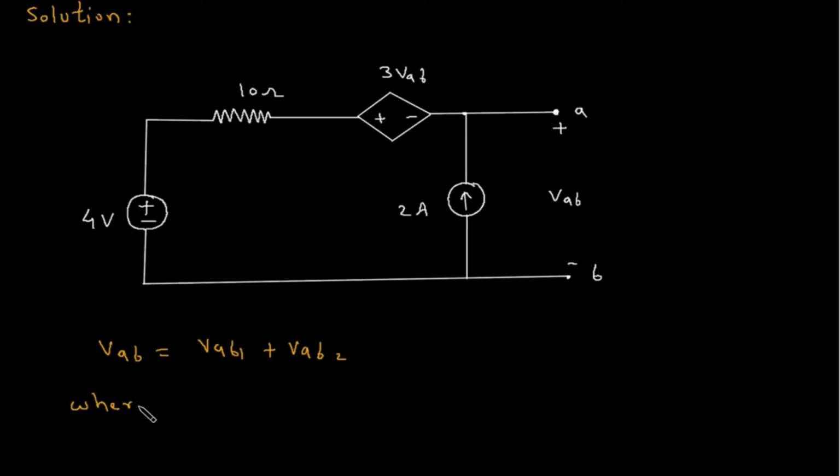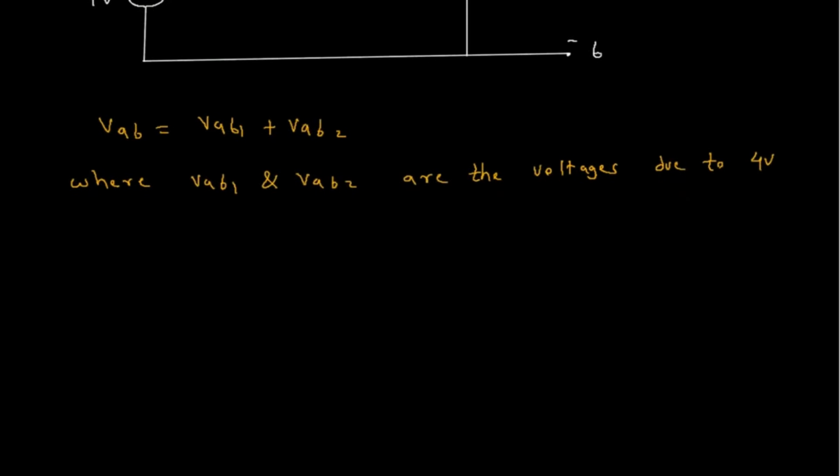where VAB1 and VAB2 are the voltages due to 4 volt and 2 ampere respectively.